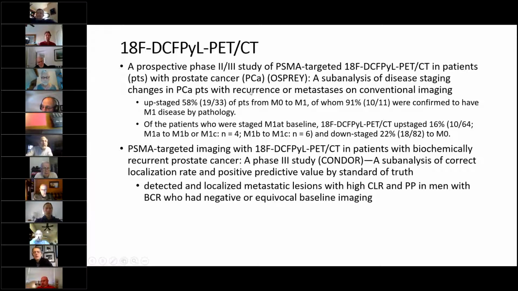What you can see is that they upstaged 19 of 33 patients, of which nearly 100% were confirmed by pathology. And then from M1, they upstaged 10 of 64. On the other hand, they also downstaged 22%. So I think everybody is agreeing that PSMA PET has some real advantages here.